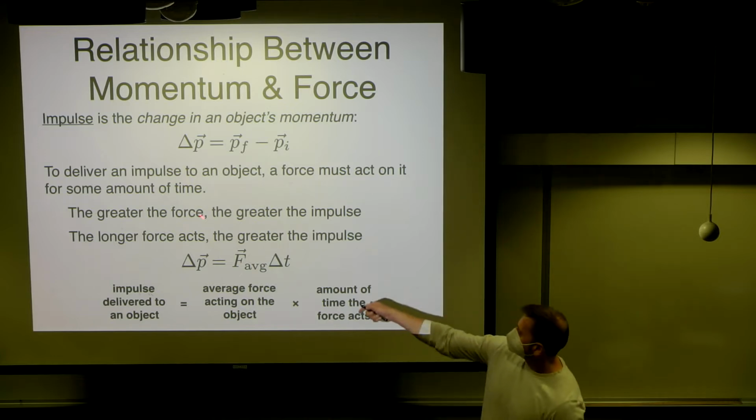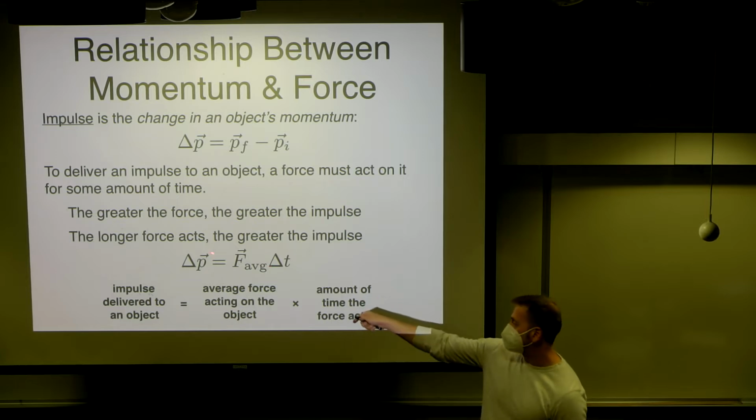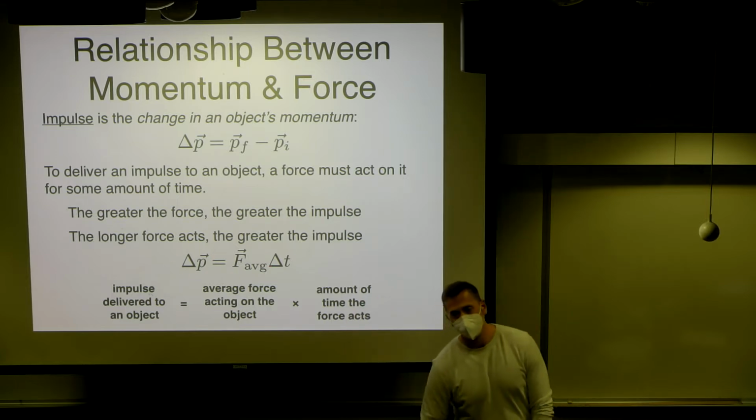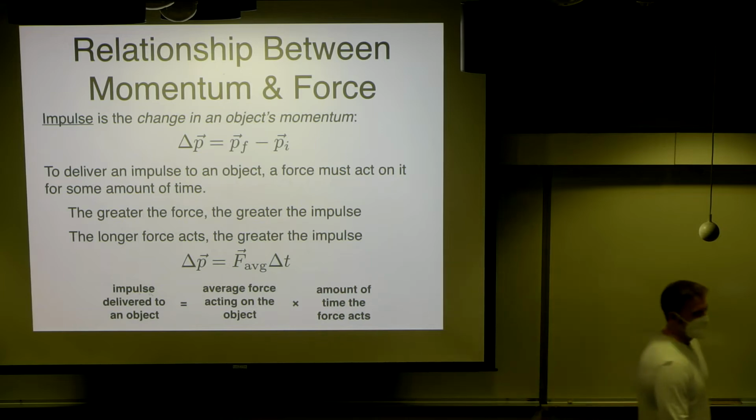So that kind of spells out this idea that we can have more force or have the force act for more time, and either one of those things is going to give us more change in momentum, okay? So there's the relationship between momentum and force. We haven't exactly proven it, but hopefully you have an intuitive sense of that now.